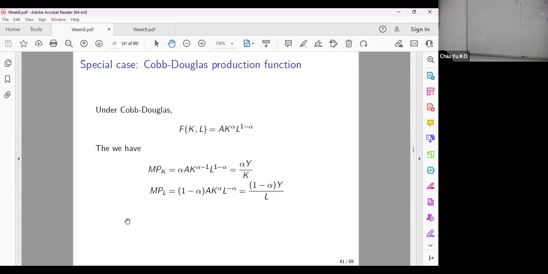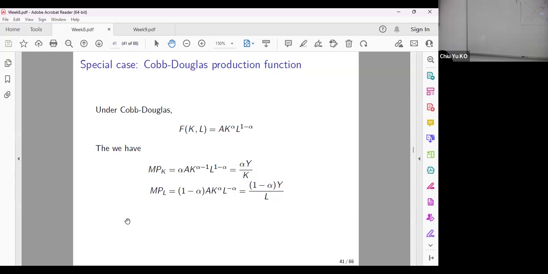This tells us how efficient the economy is, because MPK and MPL are very difficult to measure directly. But anyway, they are equal to the wage rate and the capital rental rate, right?